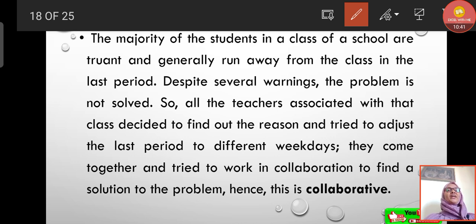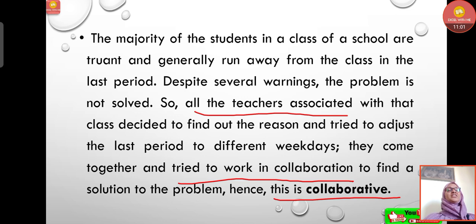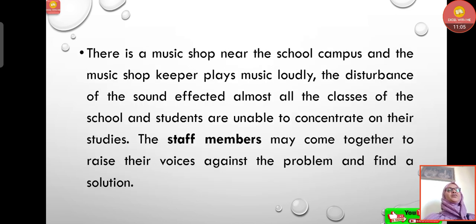So they come together and work in collaboration to find out a solution to the problem. Hence this is collaborative. That means all the teachers are associated in this. In that particular class, teacher is involved in individual research. Here collaborative action research, all the teachers are involved in that particular problem.